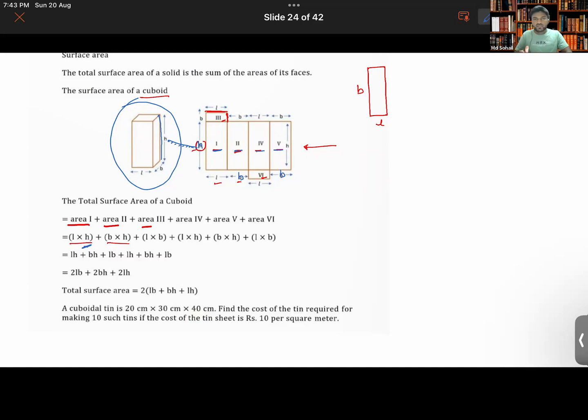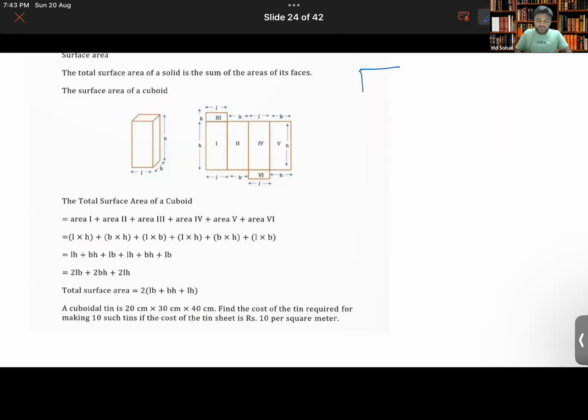Usually, when you calculate the area of a rectangle, you have only its breadth and length. You don't have height in it. So let me break the figures out separately, then it will become clearer, I hope.